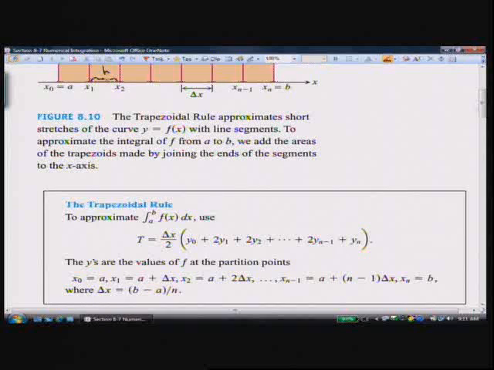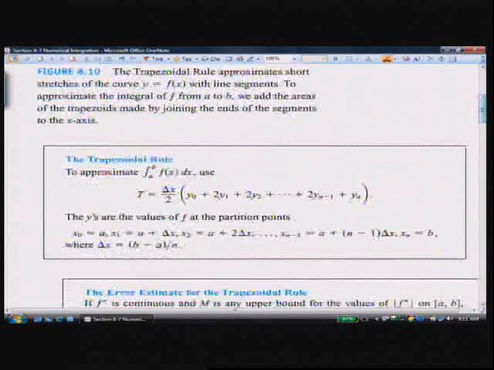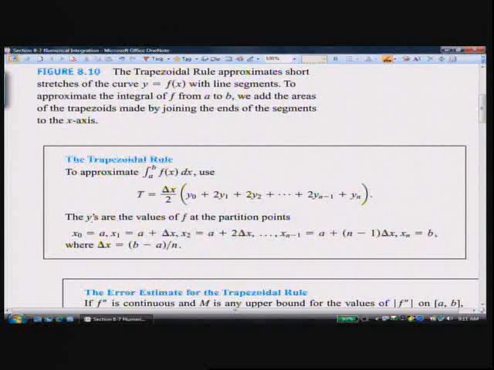Okay, all right, and so the y's are the values of f at the partition points, and x naught is just your initial value, like on your integral from a to b, it's your a. And then x1 is a plus whatever you decide the width to be. And that width is determined by how many trapezoids you decide to shove in there.